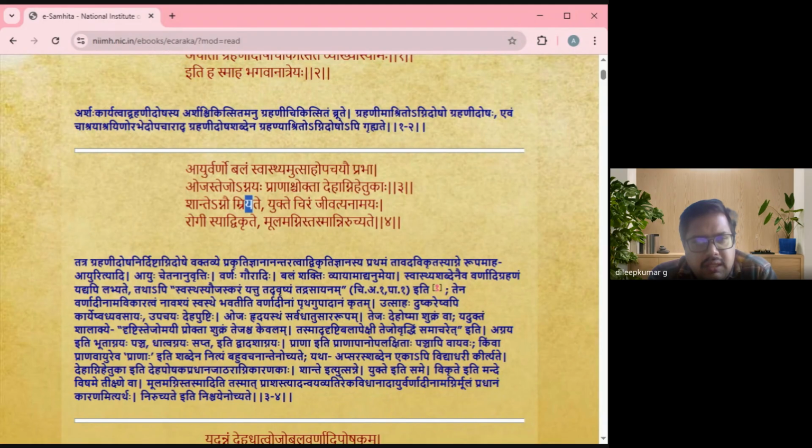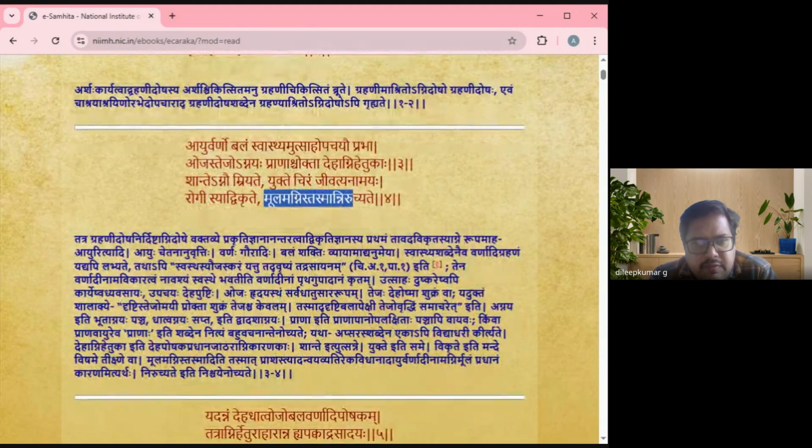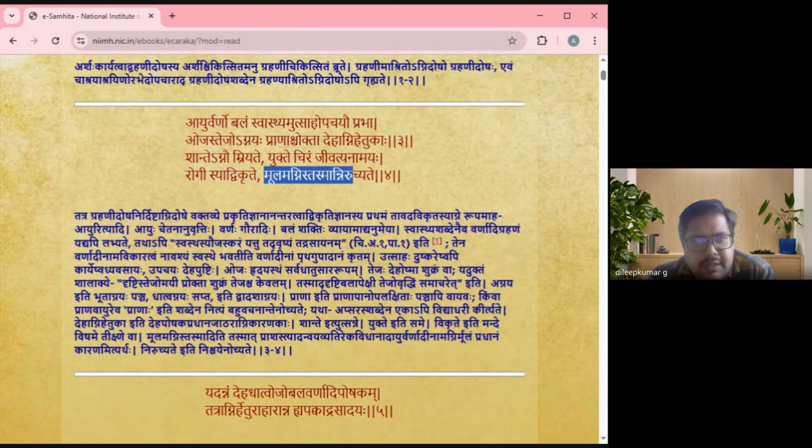If this Agni is properly maintained, Chiram Jivayati Anamaya, the person will live a long life without any disease. If this Agni becomes Vikruta, the person will become Rogi. So hence Agni is considered as Moolam. Agni is the basis for all this Ayu, Varna, Bala, Swastya, Utsaha, Upachaya, Prabha, Oja, Teja.